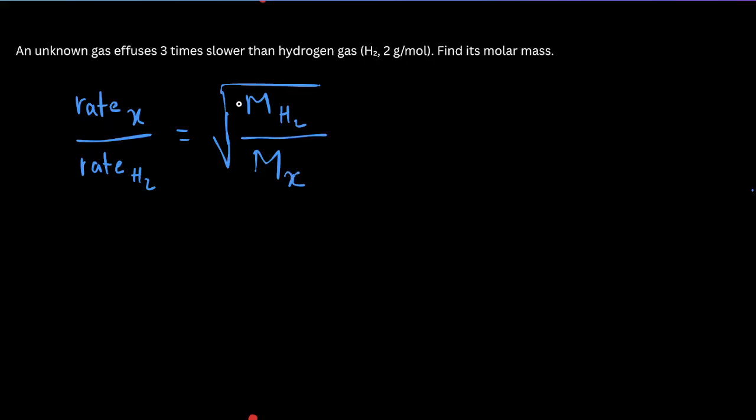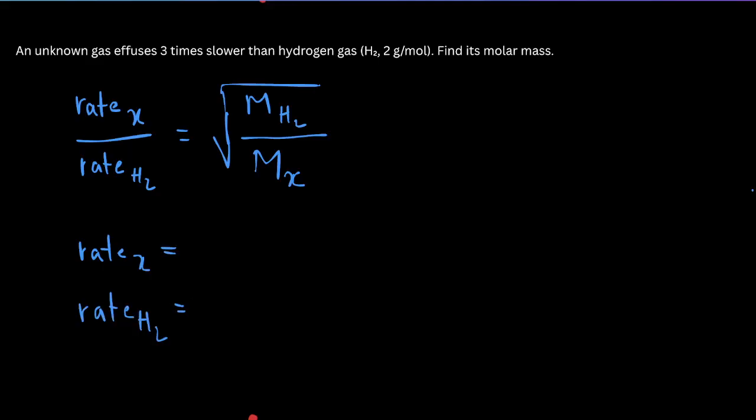So here in this case, again, we're not given a specific rate. We're just told that the unknown gas is 3 times slower than hydrogen gas. So, in other words, if we were to say, let's just write it like this, the rate of x is equal to, and the rate of hydrogen gas.